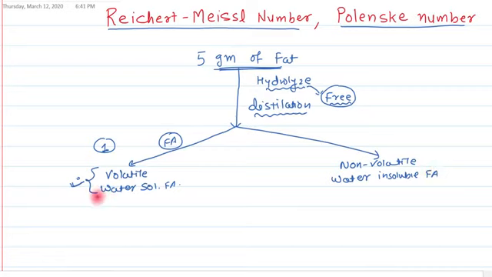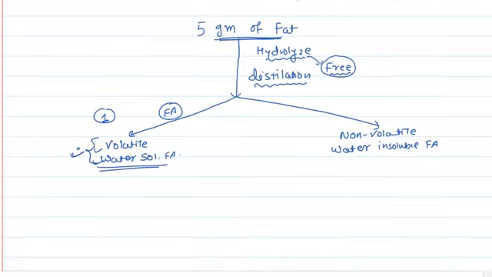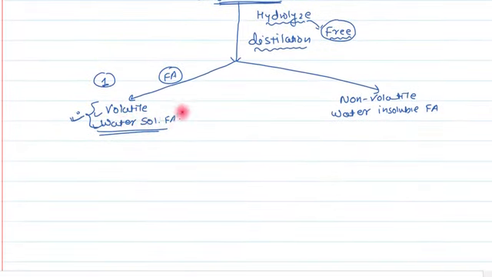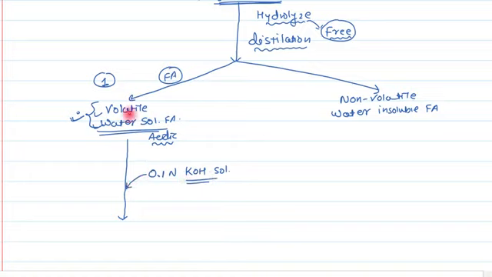Now first let's focus on this part, the volatile water soluble fatty acid. These fatty acids are acidic in nature. So what we do is go on adding 0.1 normal potassium hydroxide solution. When you add this potassium hydroxide solution to this volatile water soluble fatty acid, ultimately it gets neutralized.